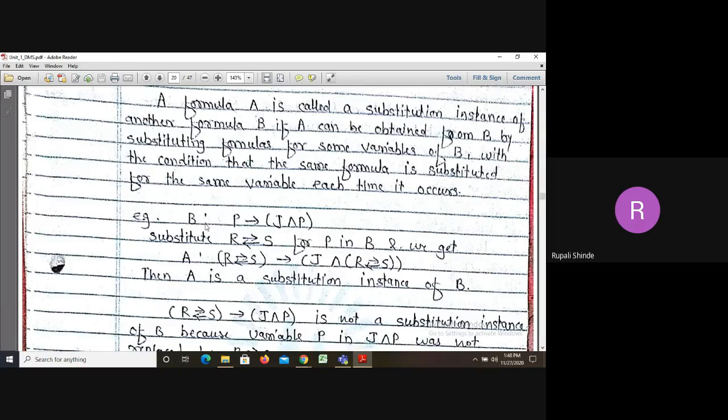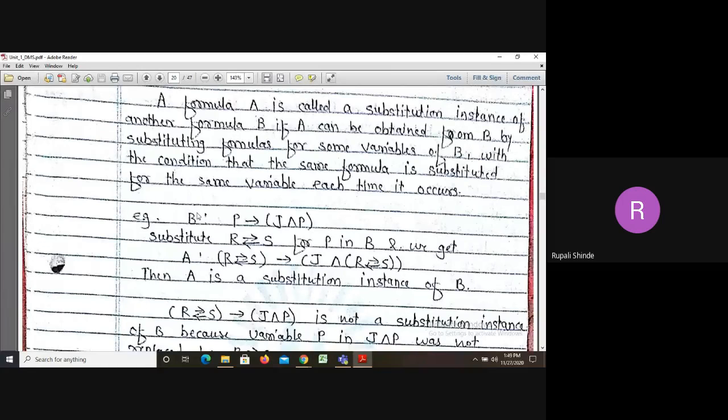This formula B contains P twice. That's why we have to replace P twice by the formula R conditional S. So after substitution, we got the formula R conditional S, conditional J, and again this formula R conditional S. Then here A is called a substitution instance of B.